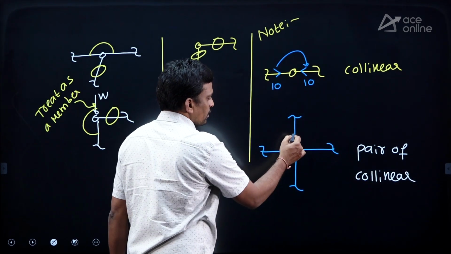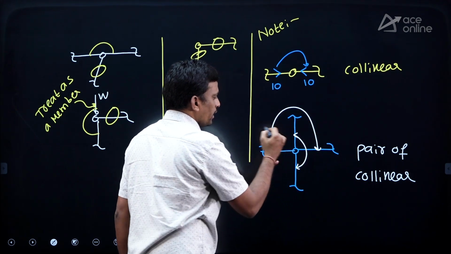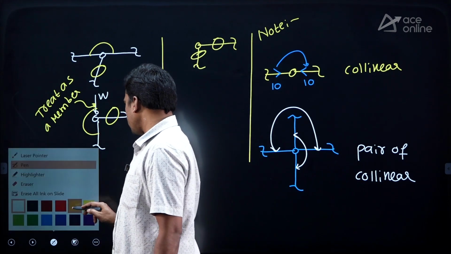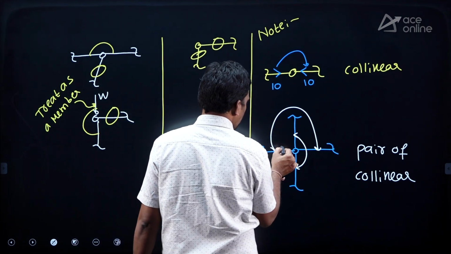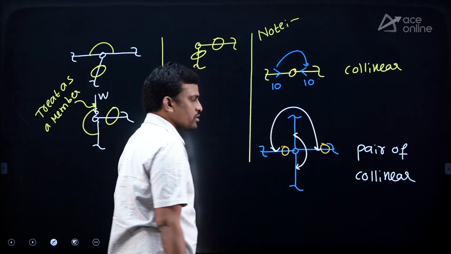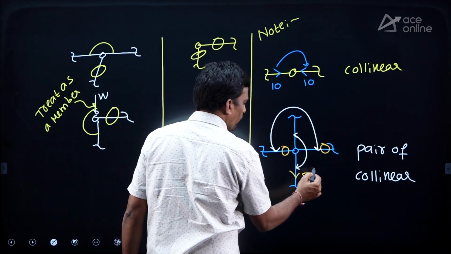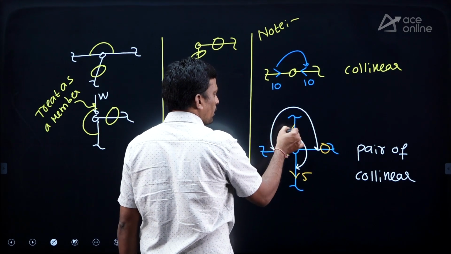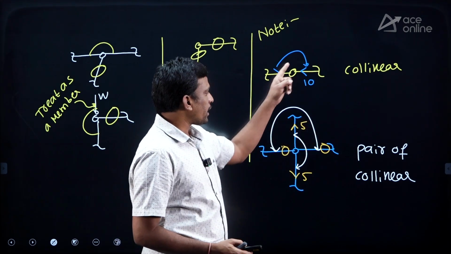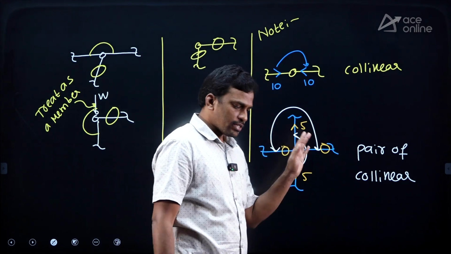So students, these 2 are collinear and these 2 are collinear, nothing but pair of collinear. So for this case, if the force in this member is 0, the force in this member is also 0. So if the force in this member is downward 5, the other is the same magnitude but opposite direction, 5. So this is collinear and this is pair of collinear. So these are the 3 shortcuts I gave.